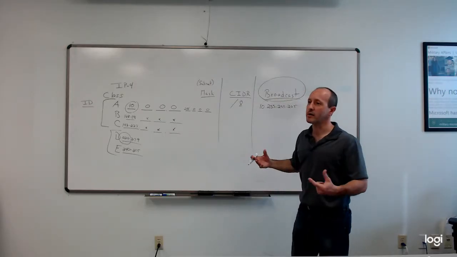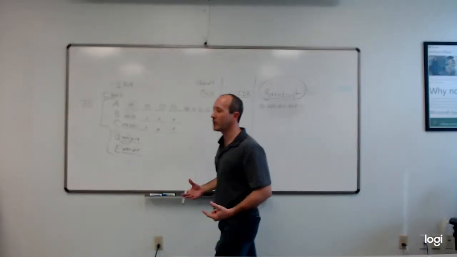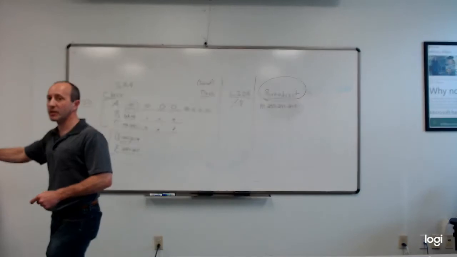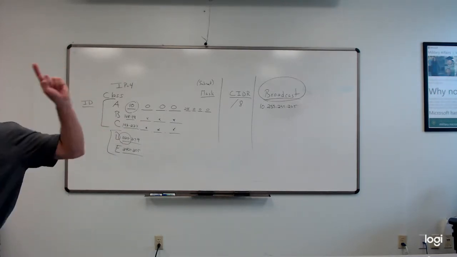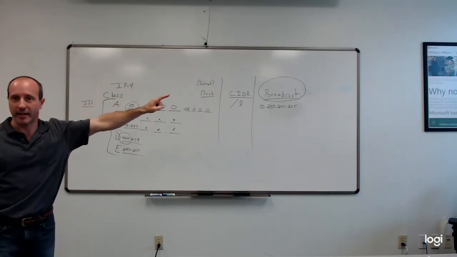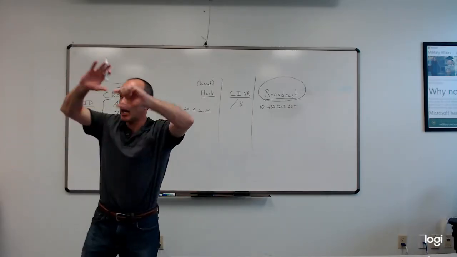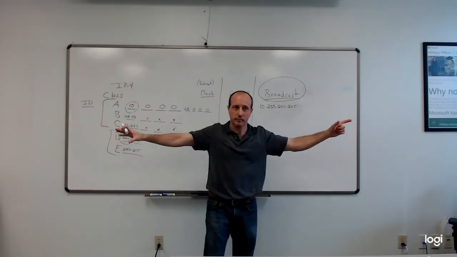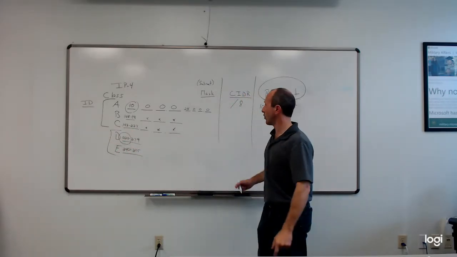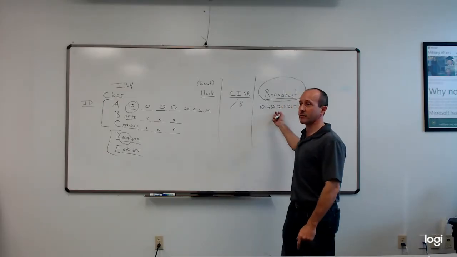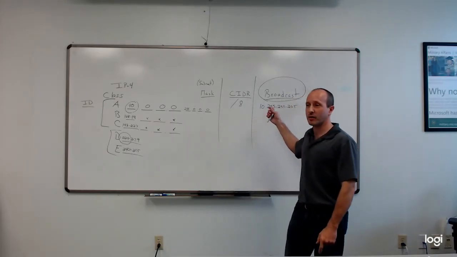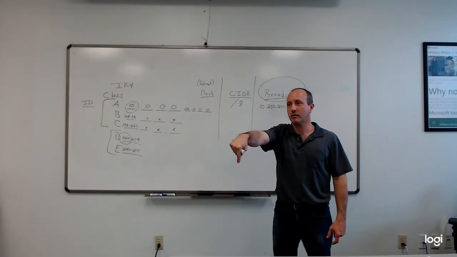What's a broadcast? A broadcast means that if I need to communicate from one machine to every other machine on my network, I will broadcast it, just like it was in the stadium. One person telling everybody, broadcast. So in order to do that, I would use this IP address. And so I can't put this IP address on a specific machine.